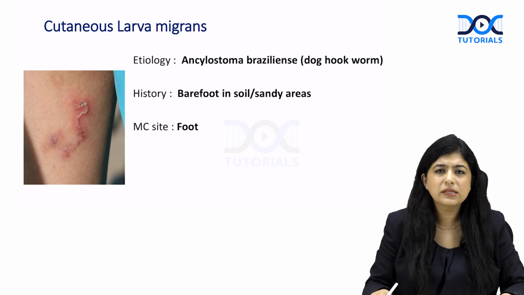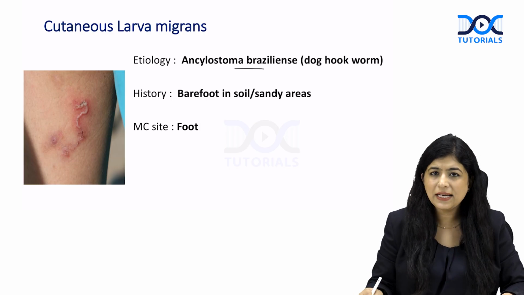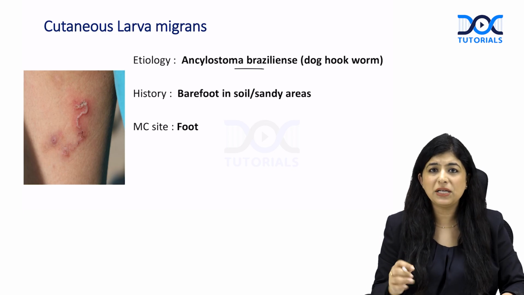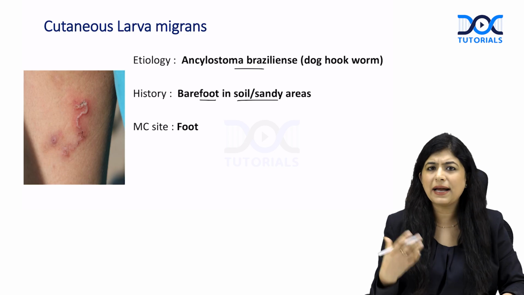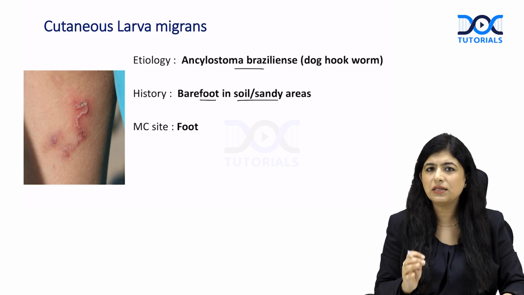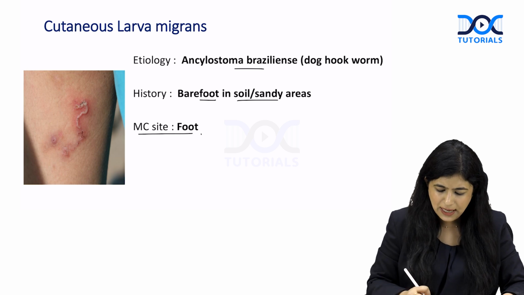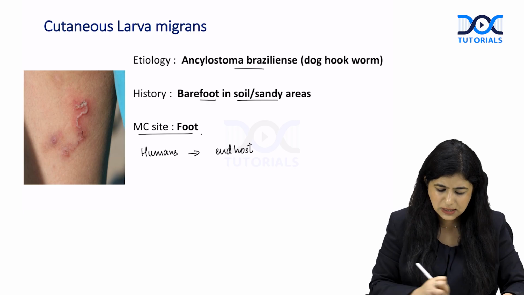So next we come to certain migratory infective skin conditions, which includes cutaneous larva migrans and larva currens. Cutaneous larva migrans is caused by Ancylostoma braziliense, which is the dog hookworm. And here the patient may give you history of walking barefoot in soil, sandy or beach areas. Thus, the most common site where you find the infection are the feet. And remember, humans are an accidental host, so they are the end host for this worm.